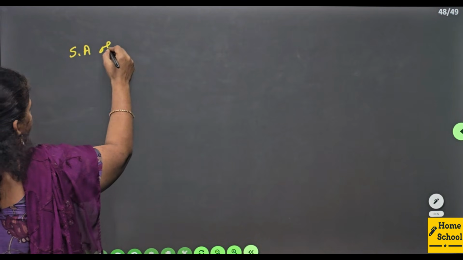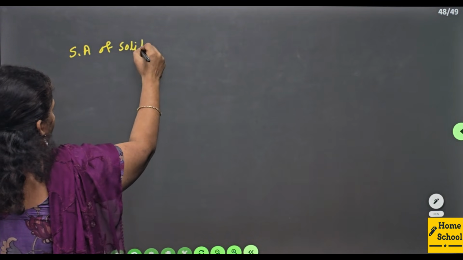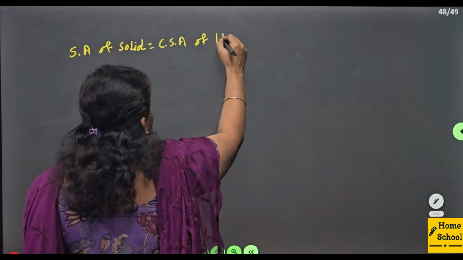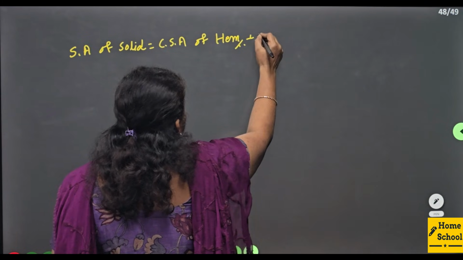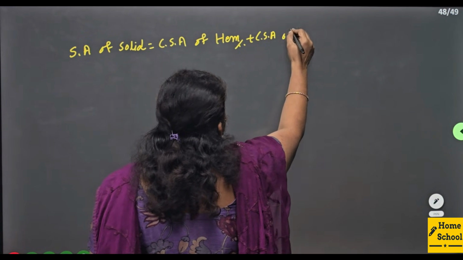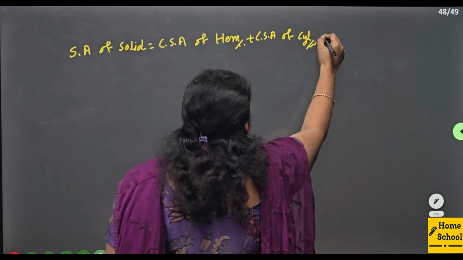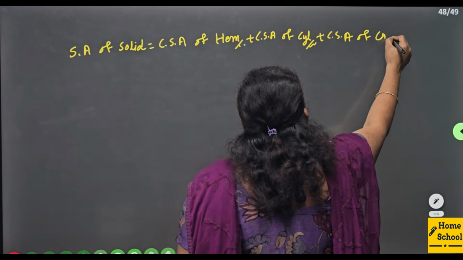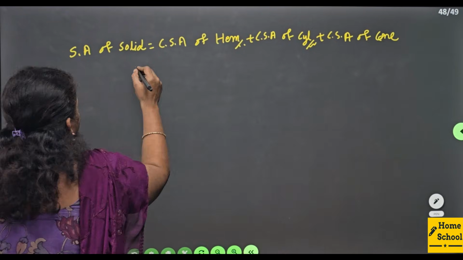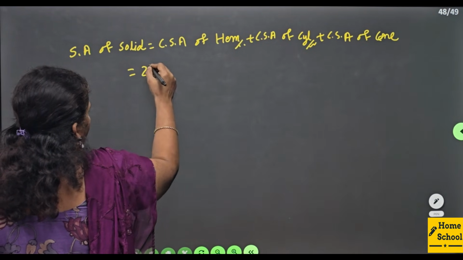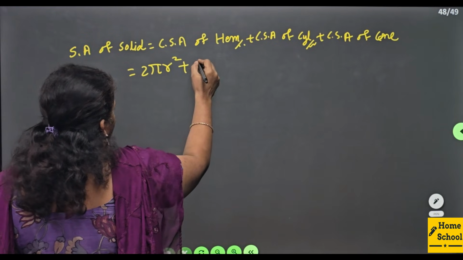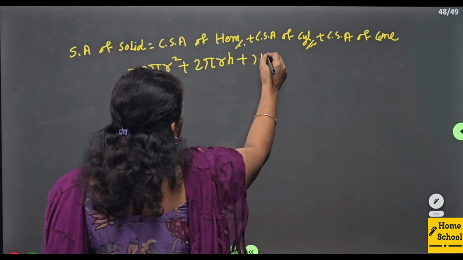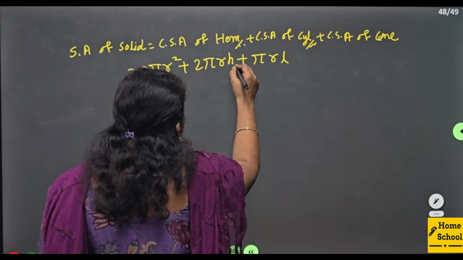Now we are going to do surface area. Surface area of the solid is equal to CSA of hemisphere plus CSA of cylinder plus CSA of cone. Write the formula. 2 pi r square plus 2 pi r h plus pi r L. Cylinder h1.